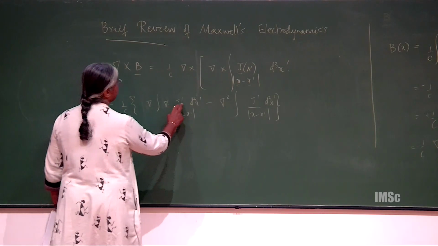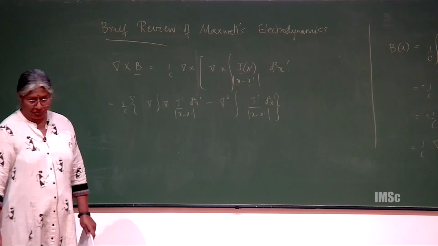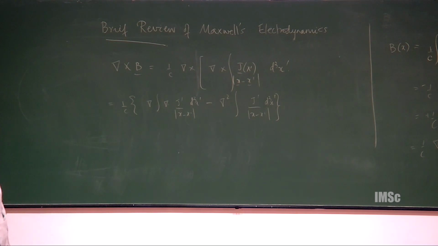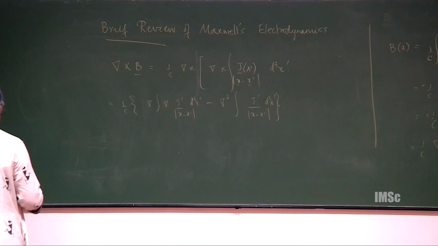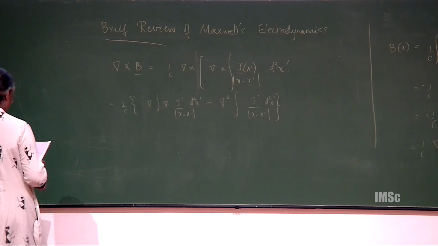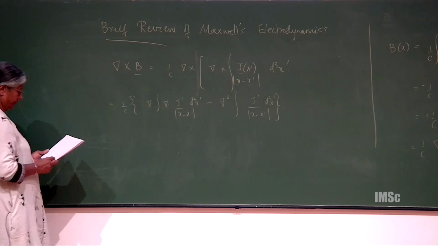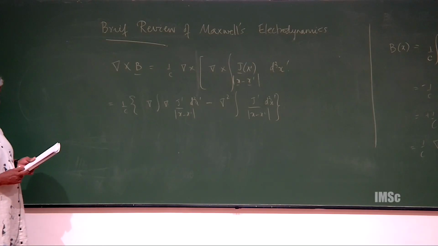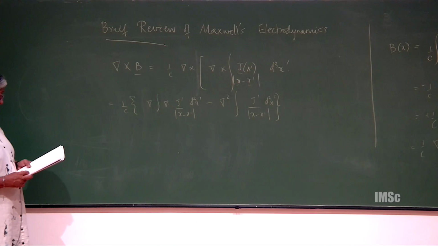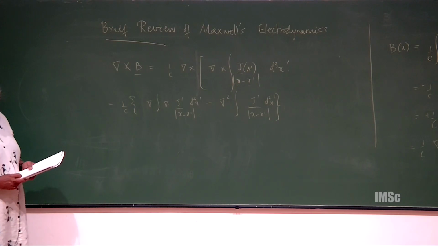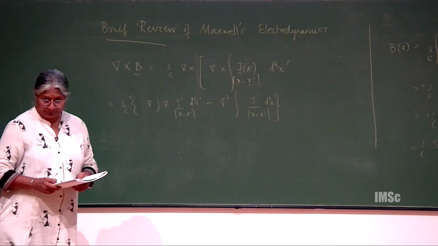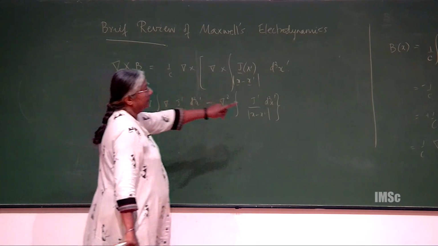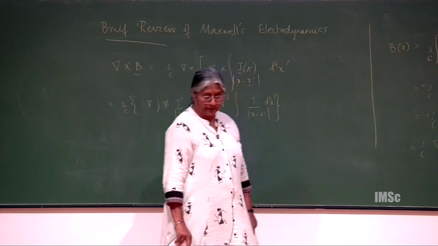So this j prime just means j of x prime, okay? I'm just being short with my notation. Okay, shall I move ahead? Is that okay? That this is the formula that I wrote on the right hand side?